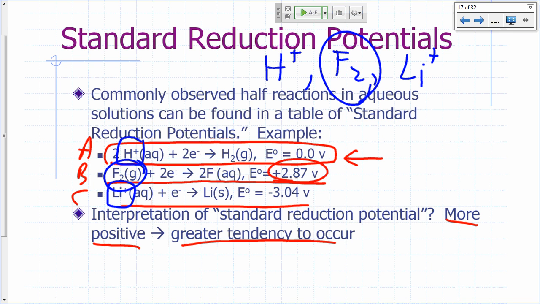Now, since reduction, when something gets reduced, causes something else to get oxidized, if fluorine has a great tendency to be reduced, that means it has the greatest tendency to cause something else to get oxidized.